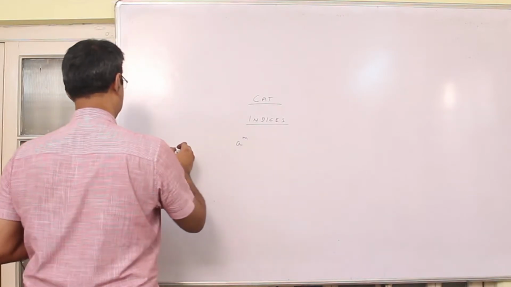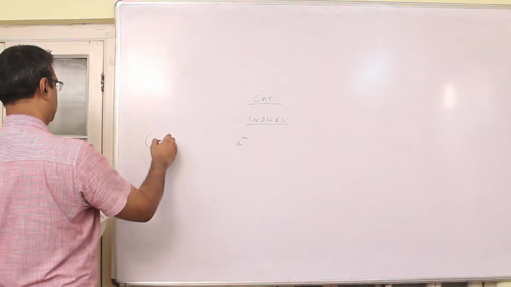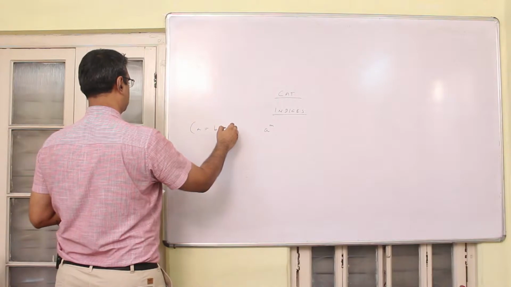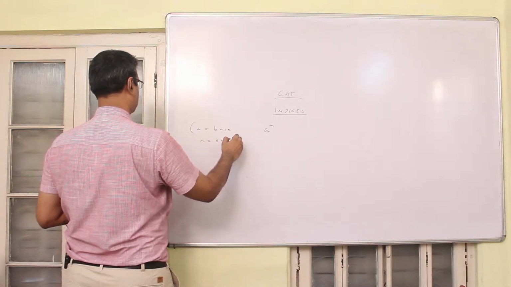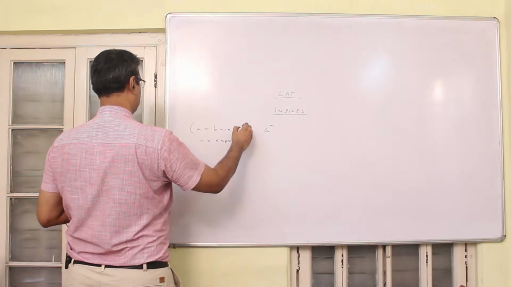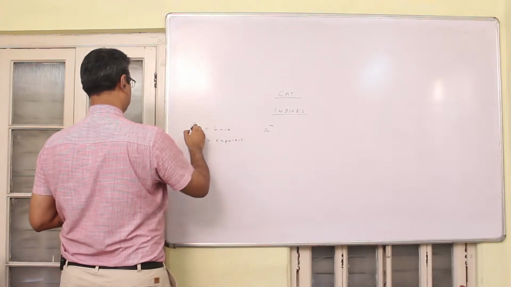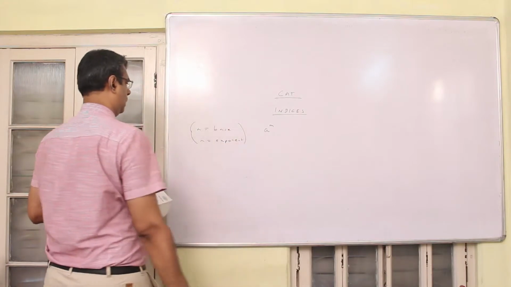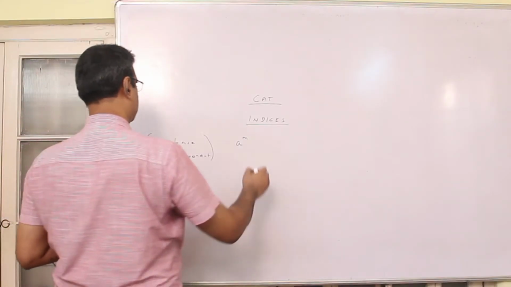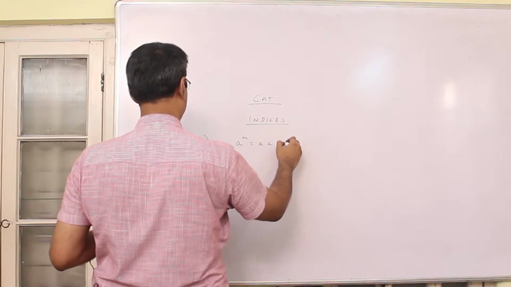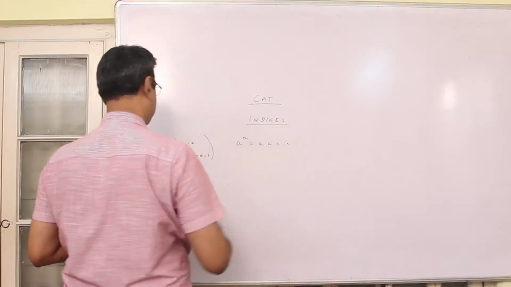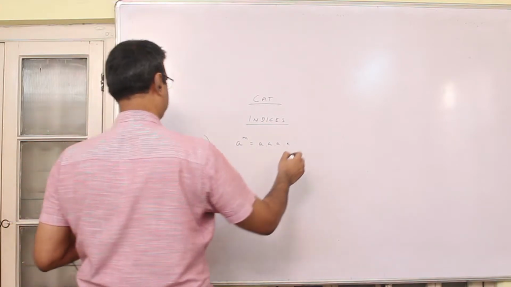Here a is called the base and m is called the exponent. Literally, it means that this quantity a is multiplied with itself m times.